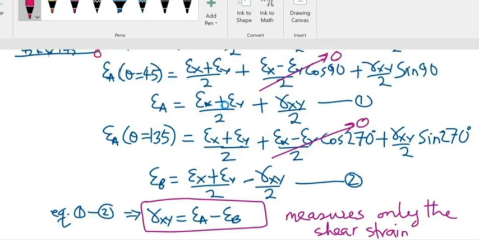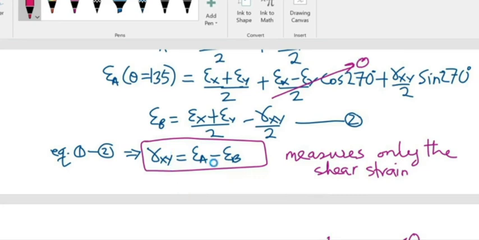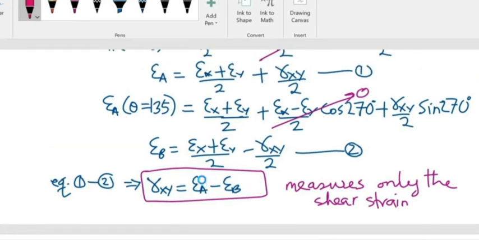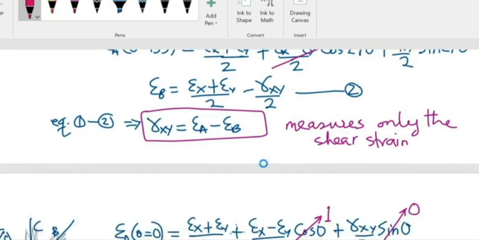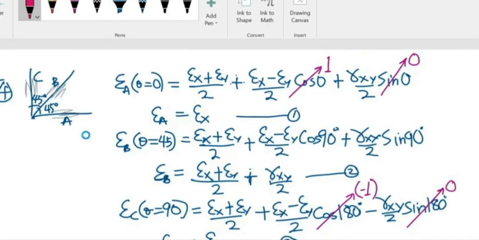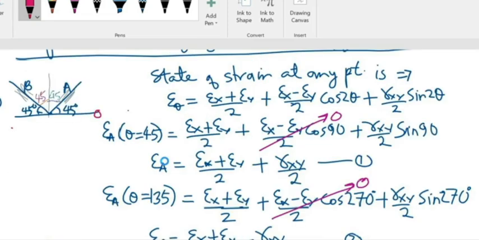In this case, when you subtract B from A, you will end up with the shear strain. And the shear strain is the difference between the 2 strain gauges, EA minus EB. In this case, we cannot measure normal stresses, so this only measures the shear strain.